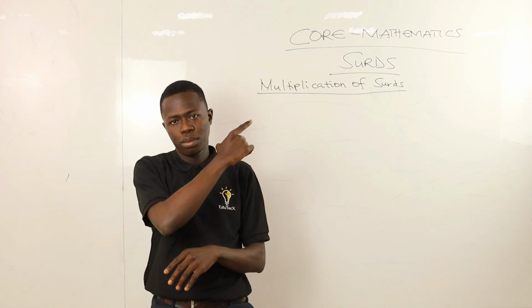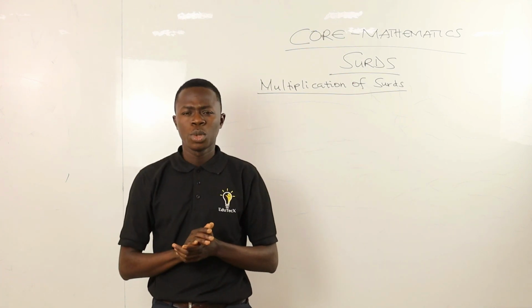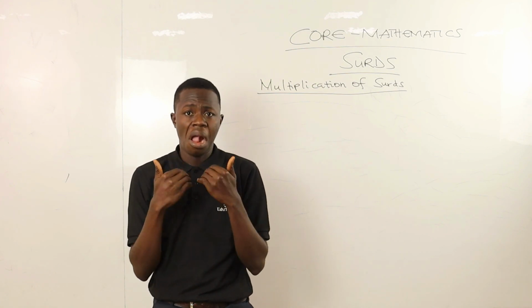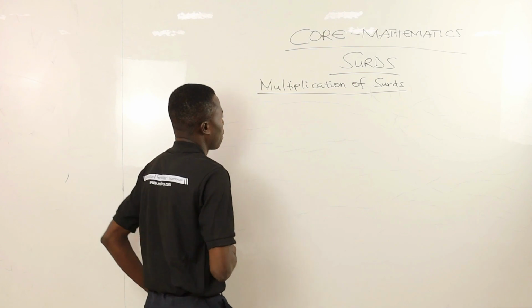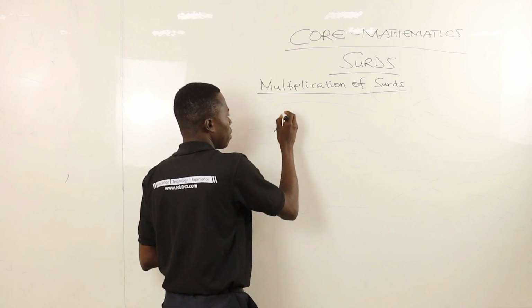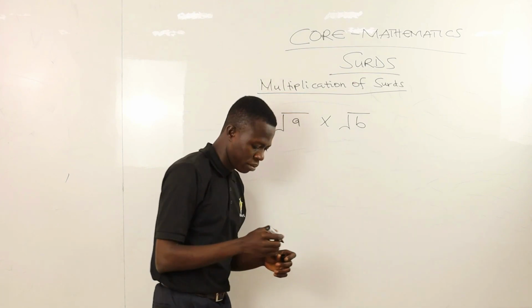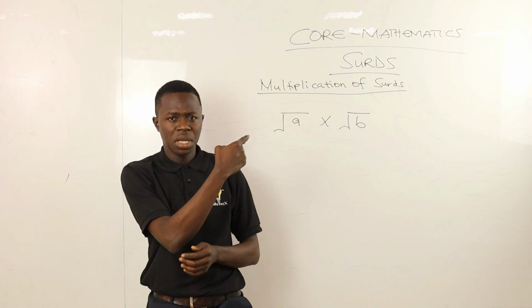But today's lesson is totally going to focus on the multiplication of sets. So maybe you have an expression like the one we are writing on the board at the moment: square root of A multiplied by square root of B. How do you solve such a question?